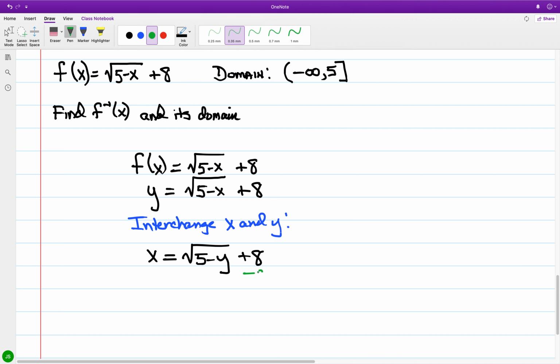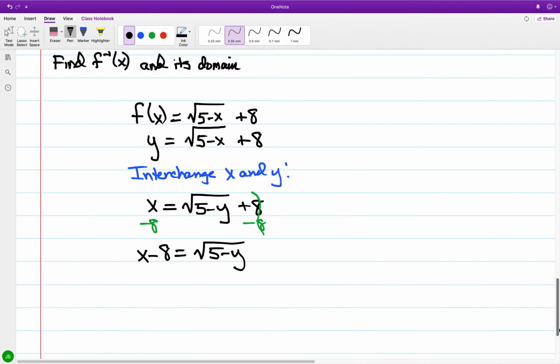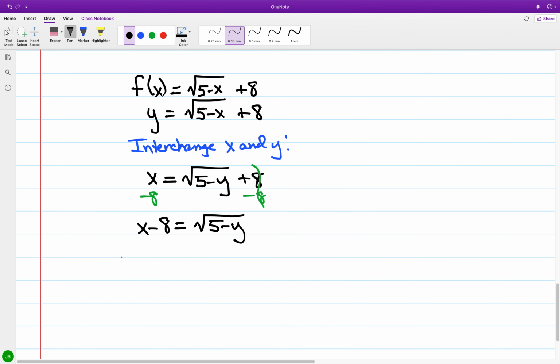So if I take 8 away from both sides, we have that x minus 8 is equal to the square root of 5 minus y. And now we're going to free up the y expression from the radical, so we're going to square both sides.